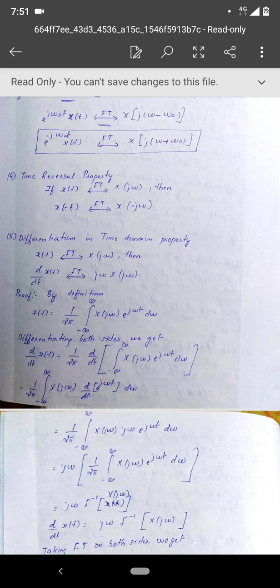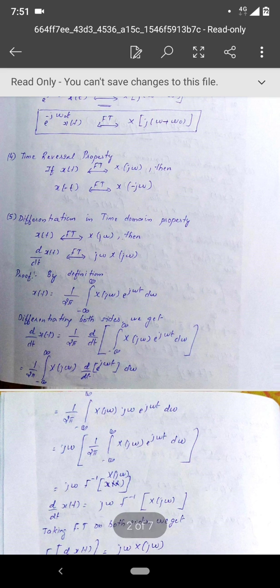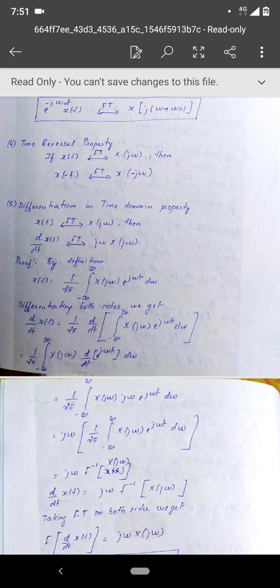And so we differentiate both sides of that equation with respect to t. So d by dt of x of t equal to 1 by 2 pi. 1 by 2 pi is a constant that is coming out of the differentiation. D by dt of, inside the bracket, the whole thing, that is integration from minus infinity to infinity x of j omega e raised to j omega t d omega.